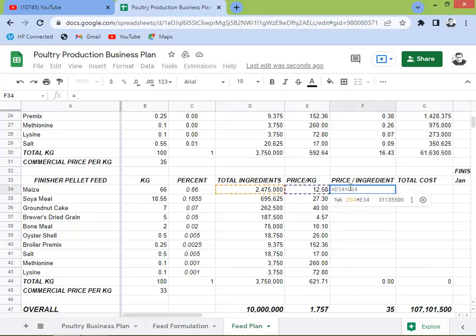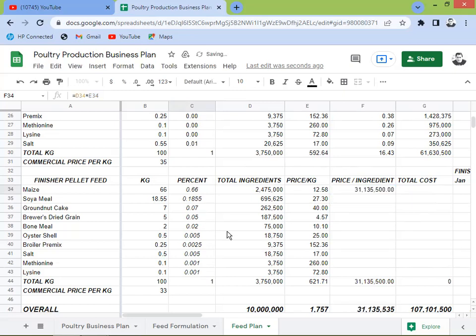ingredient is, I think you're wrong, so I'm gonna do it myself. Yeah, this one. Price per kilogram. Sorry. Okay. I don't want you suggesting me this. It is D34, which is total ingredients, multiplied by E34. I don't think that's correct. Yeah, E34.